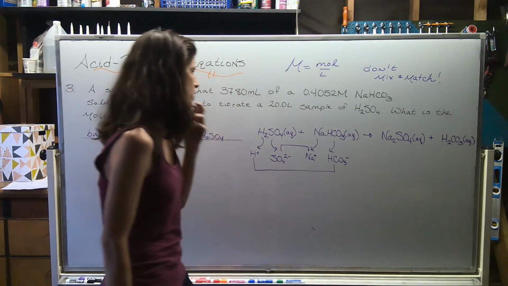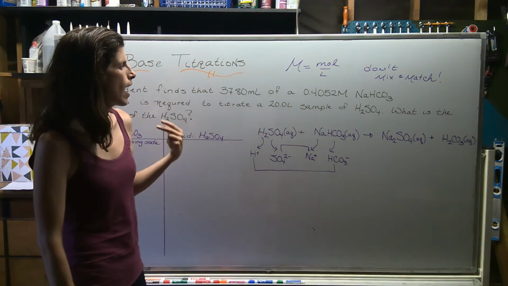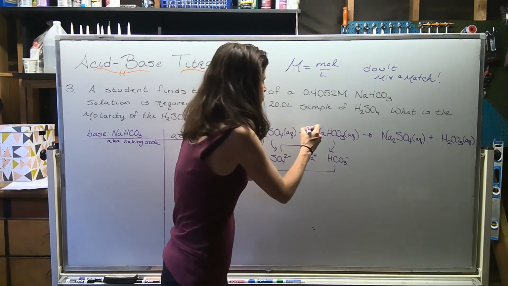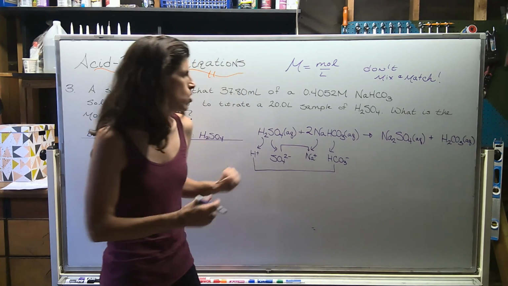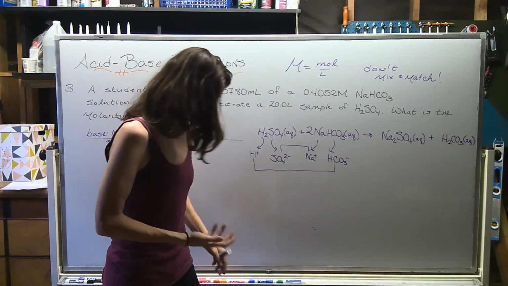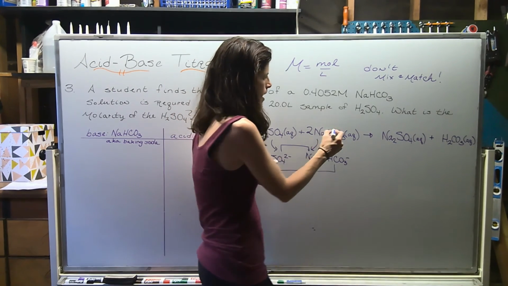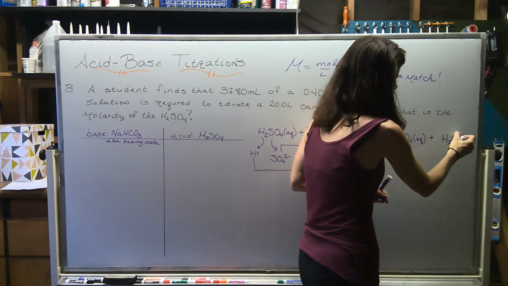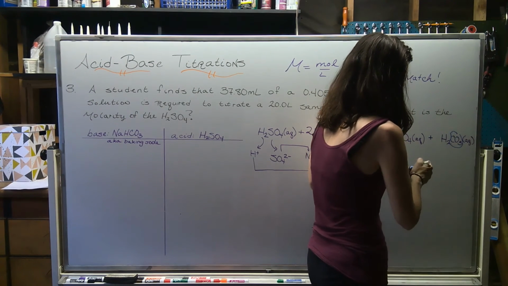Let's balance this equation. So I have two sodiums over here. So I'm going to throw 2 out front here, which gives me 2 carbonates, and I can see that right there. And so over here I only have 1 carbonate.